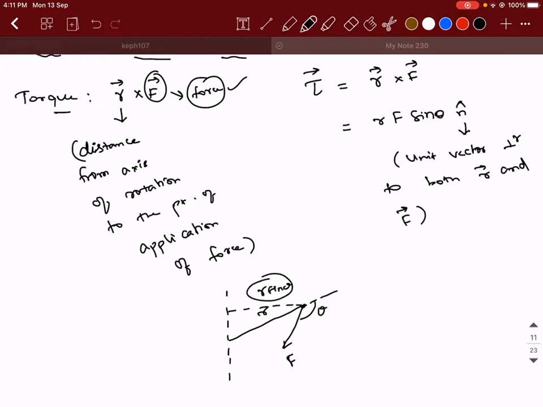So torque in terms of magnitude can be written as r f sine theta, where r sine theta is nothing but the perpendicular distance. So I can write it as r perpendicular into f. Please make a note of this.